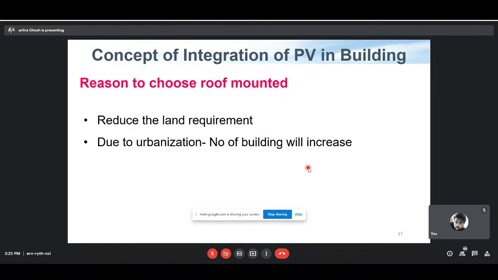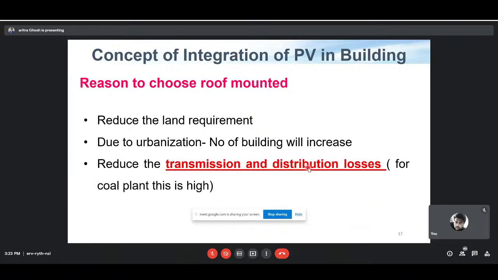If you generate the power where your building is, obviously you are reducing the transmission and distribution losses. If you're from an electrical background, you know how much energy is lost due to transmission and distribution from the coal plant. Also, when you use a BIPV system for your building, you actually offset the building material, and I will also talk about that later on.